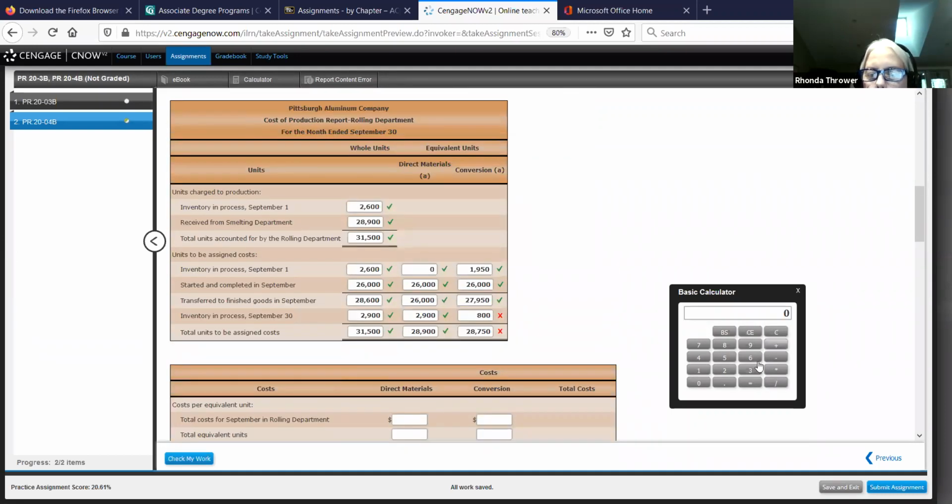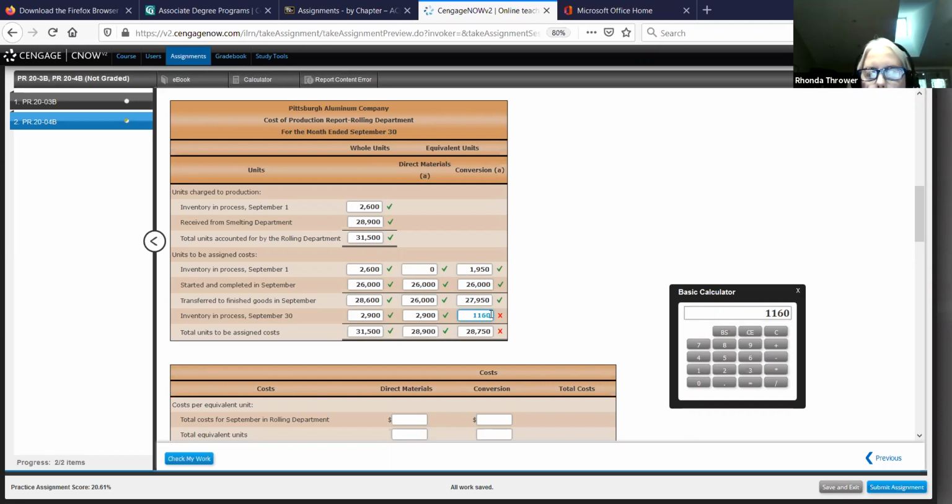Okay, let's try this one more time. 2,900 units were in ending inventory. And I'm going to multiply that by 2/5. So I'm going to multiply it by 2, and I'm going to divide it by 5. And that's going to give me, wow, 1160 here.